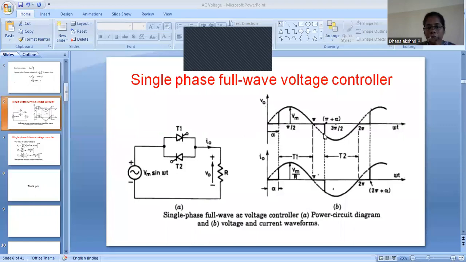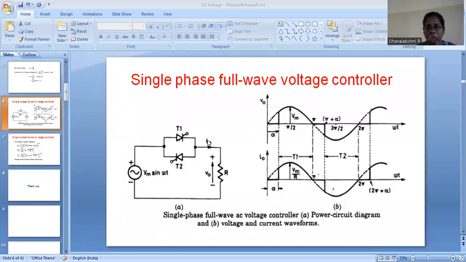So in the single phase full wave AC voltage controller, both thyristors will be conducting in both the half cycles. Here we can see that in the single phase half wave AC voltage regulator, we have one thyristor and a diode connected anti-parallelly, whereas here there are two thyristors connected anti-parallelly, that is back to back.